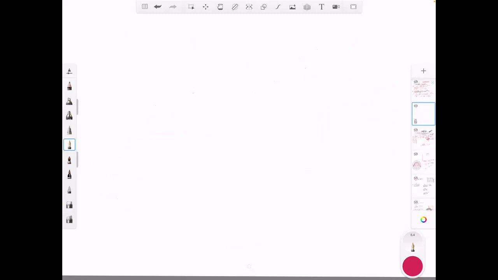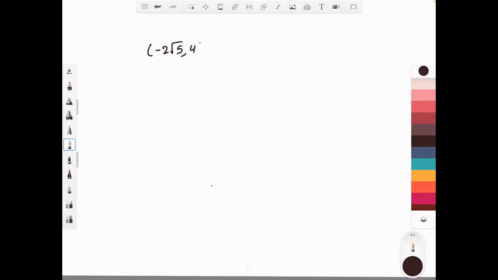So we have a point, -2 root 5, comma 4. First, we're going to plot it, and then we're going to find the 6 trigonometric functions related to the theta that this point makes.